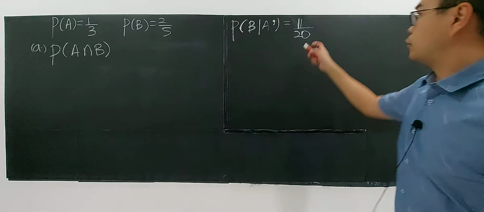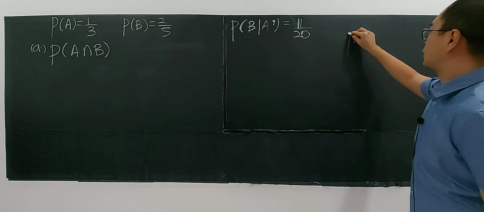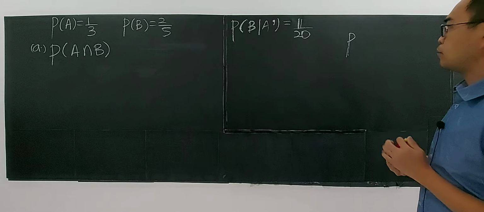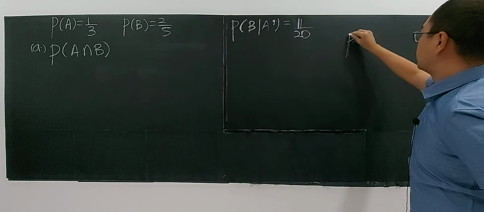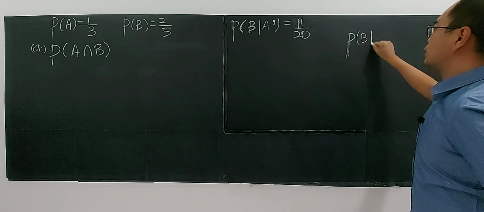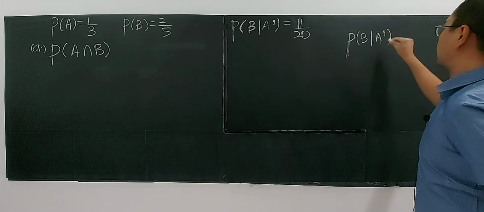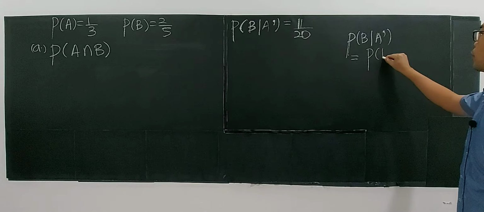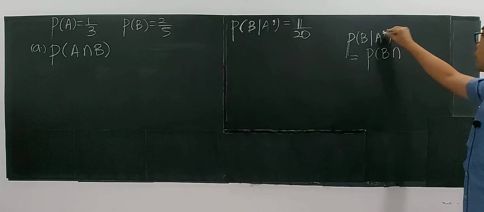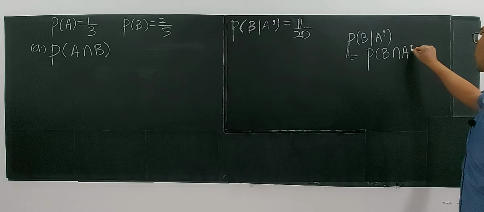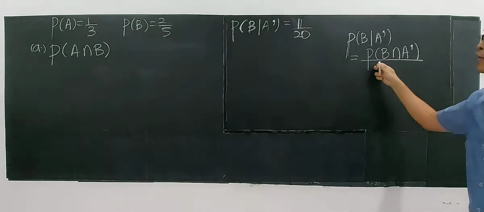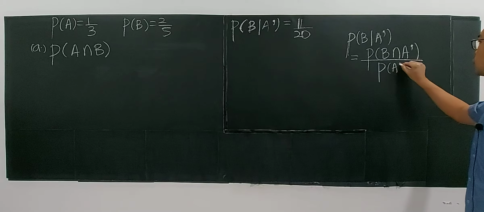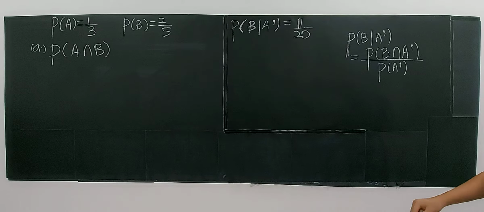So from here we have to understand the formula. The probability of B given A prime is the conditional probability, which is defined to be the probability of B intersect A prime, the complement of A, divided by what is given, the probability of A prime.